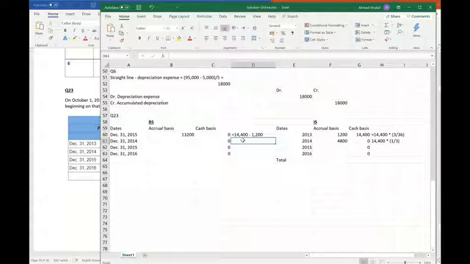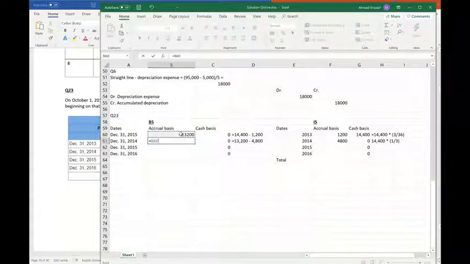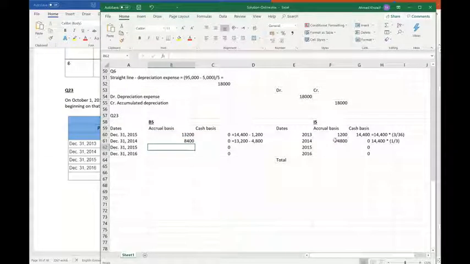And this also will reduce the amount recognized in the balance sheet. So in the balance sheet, the balance that we have in the previous year is 13,200, and the use in the second year is 4,800. So we will have the difference here as unused insurance, which is 8,400.